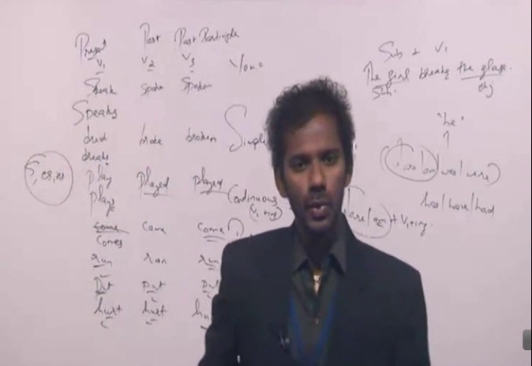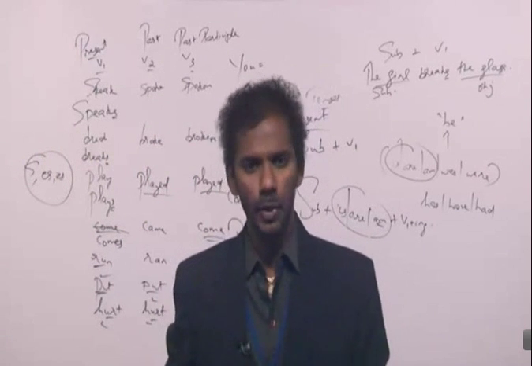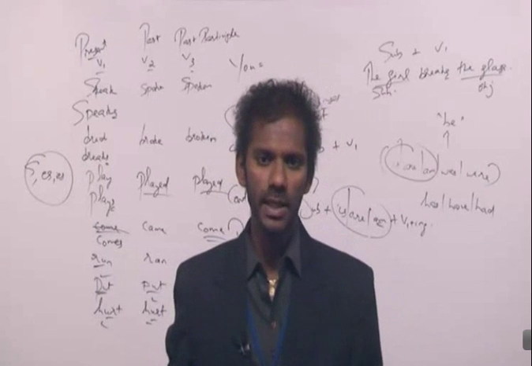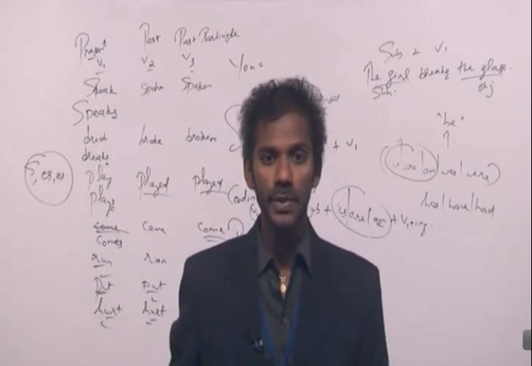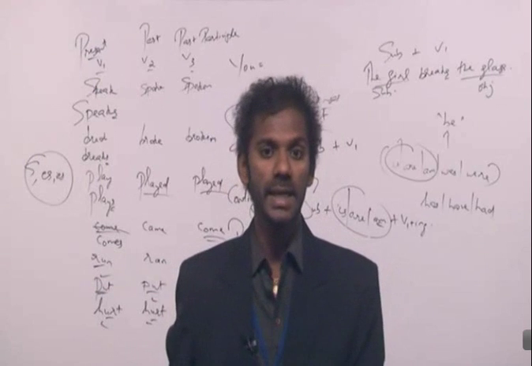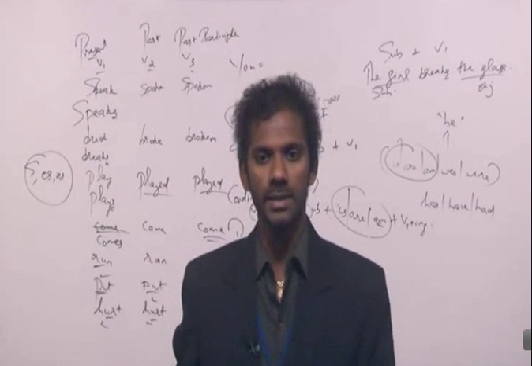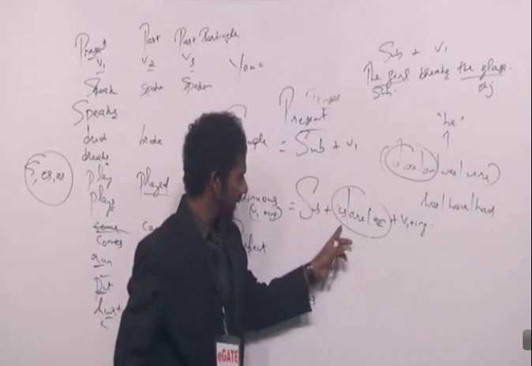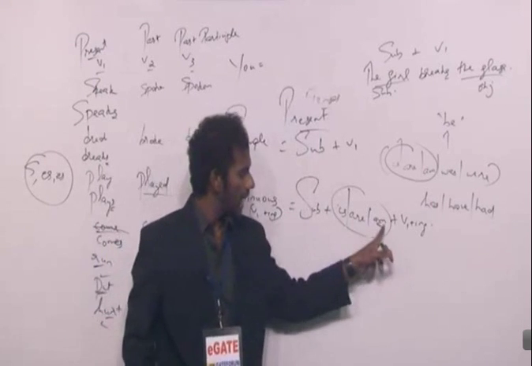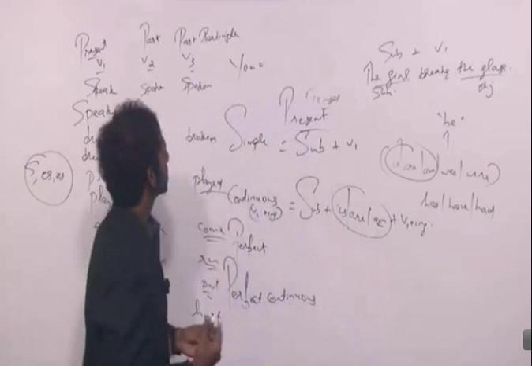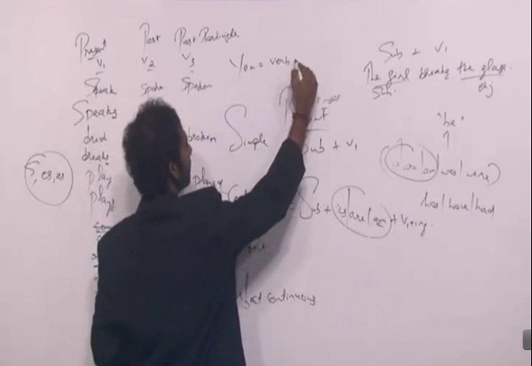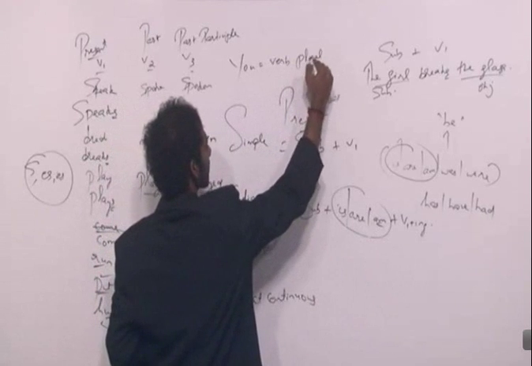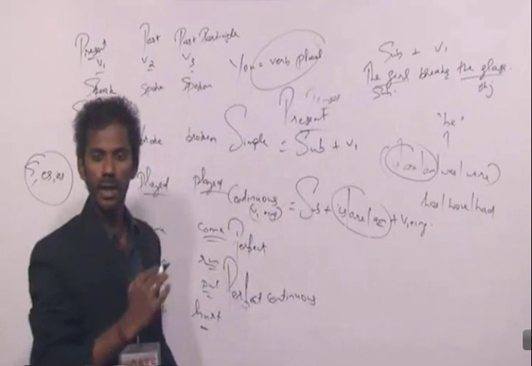The pronoun you is both singular as well as plural. The exception says with I and you, the verb must be plural. So it can never be you is. It should be you are.